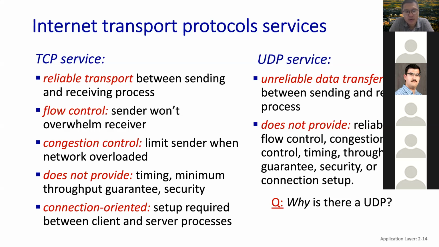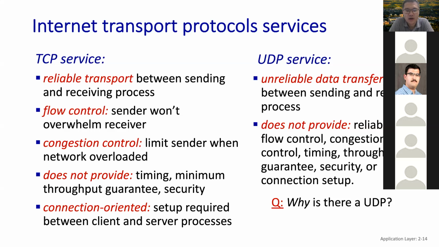It has reliable transport, as we previously watched in the video, right? If you lose some packet, and the receiver cannot acknowledge receiving the packets, then the sender will need to resend it again, right?